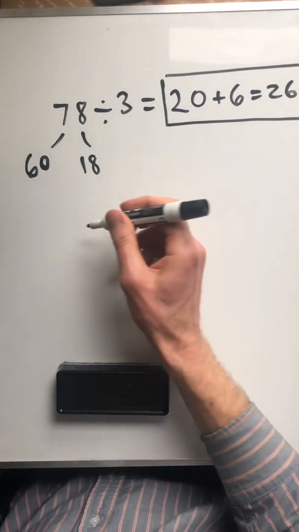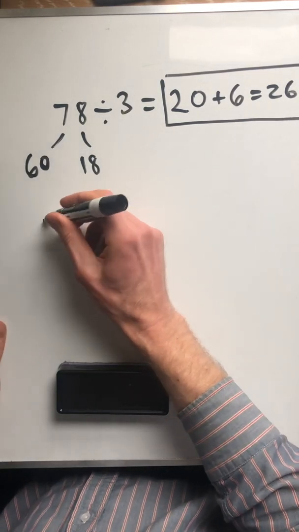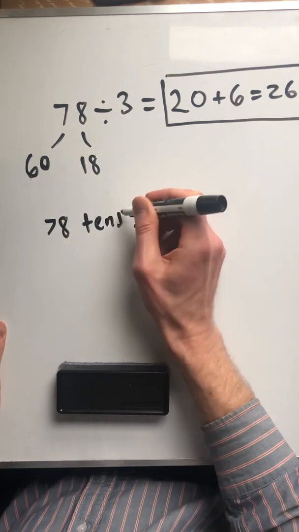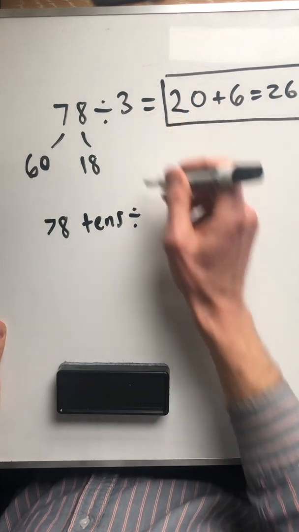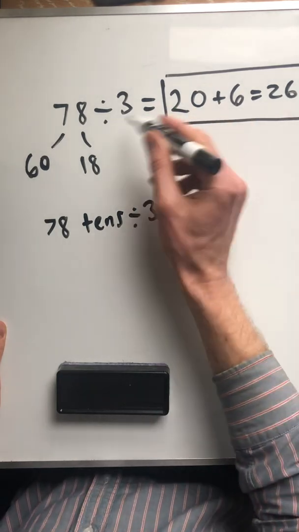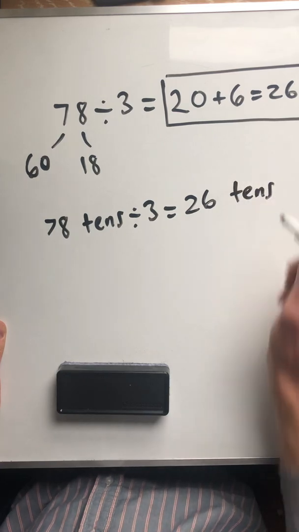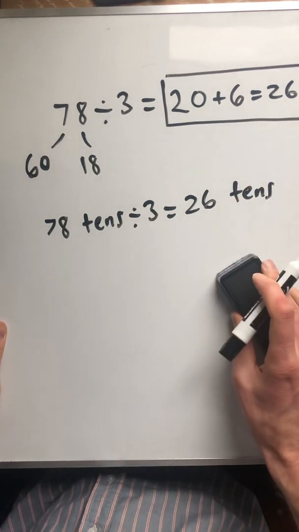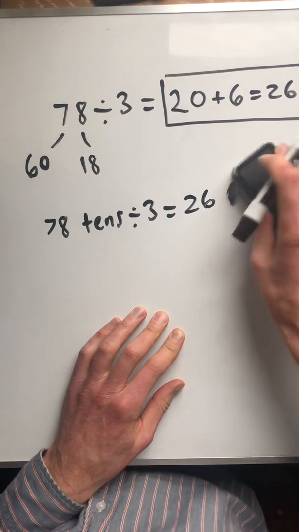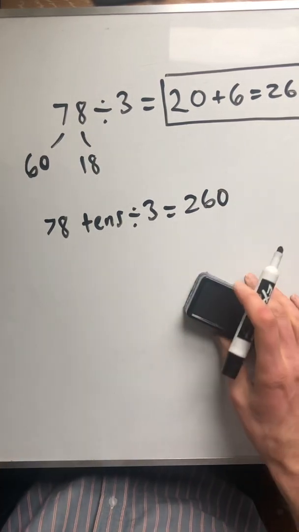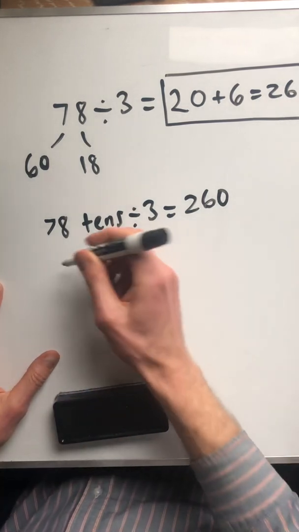But what if it says 78 tens divided by 3? Well, then it's not going to be 26 ones anymore, right? It's going to be 26 tens. If it says 26 tens, it just means you add a 0. 26 tens is 260.